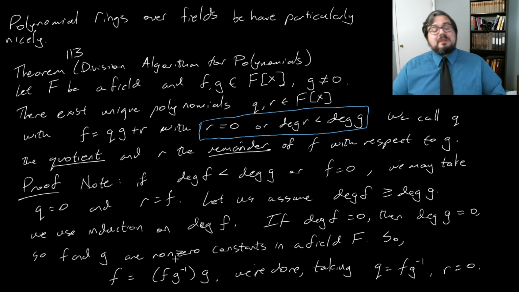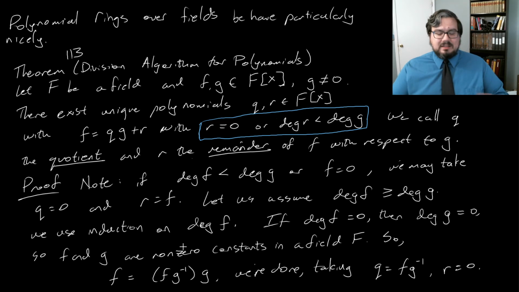So here's the first place where we are really using the fact that we're working in a field. In a field, every non-zero element has an inverse, and so we can construct this element F times G inverse in order to construct our division algorithm. And so this is the first place that you would fail if you wanted to try to prove this division algorithm for a polynomial ring not over a field.